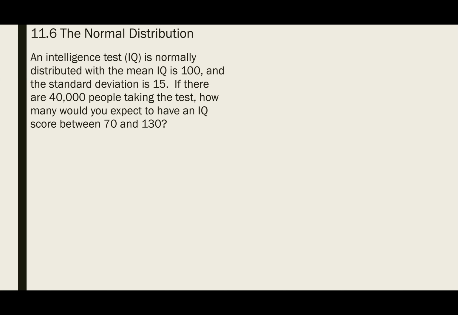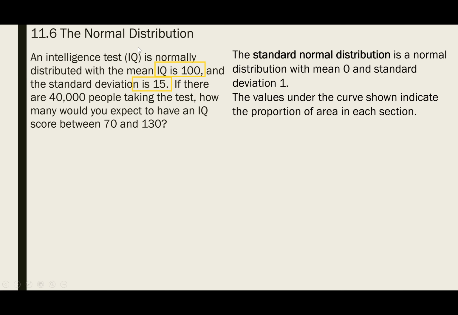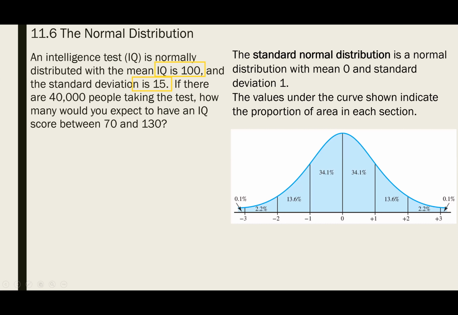That's the question they ask you: if we have the mean of 100 and the standard deviation of 15, what is the percentage, or the area underneath the curve, between 70 and 130? Do you agree that they give us the mean and the standard deviation?